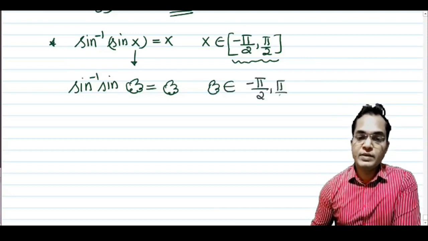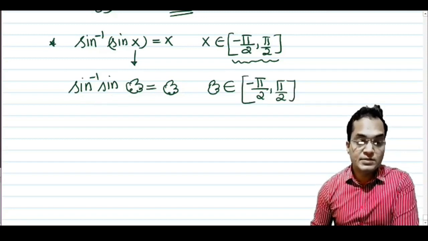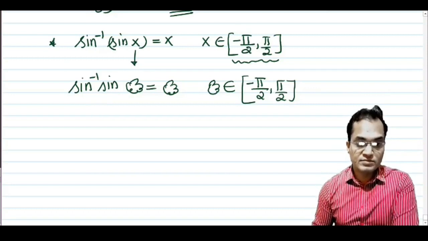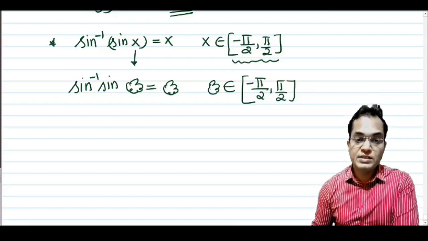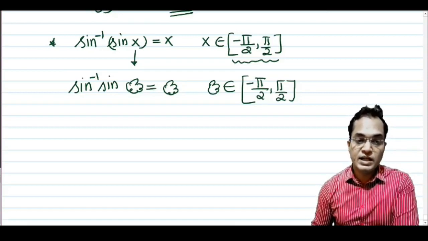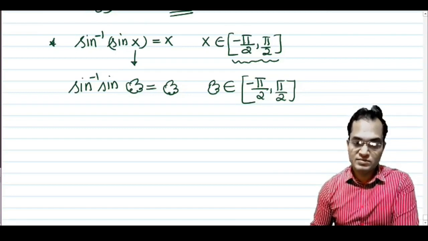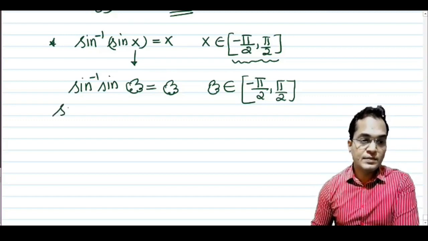This is the basic parameter. Understand? Otherwise we have to change the something and convert it into a form such that the value lies in this range.